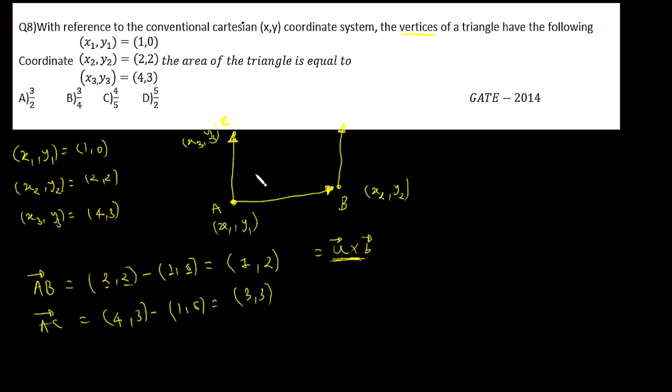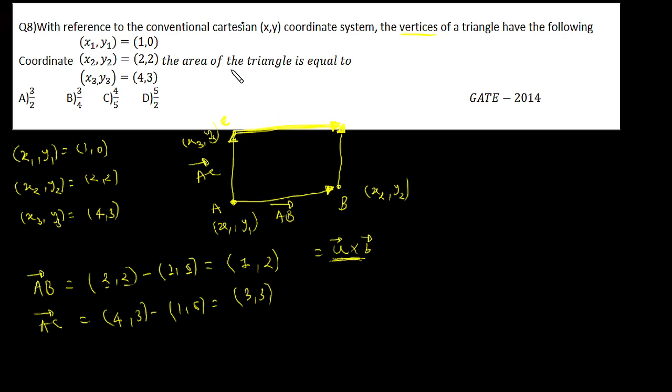And if I translate this AB vector parallel to itself up to point C and redraw it here, what I get is a parallelogram. If I am interested in finding the area of this parallelogram, I simply take the cross product of this AB vector with this AC vector, and I find the area.